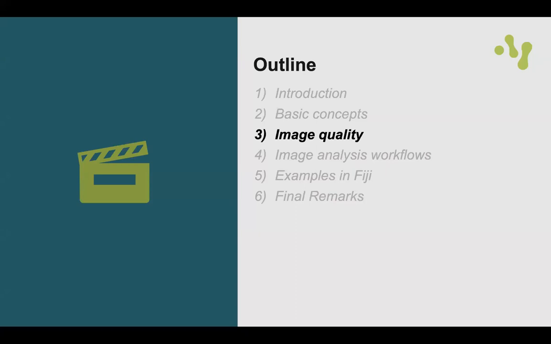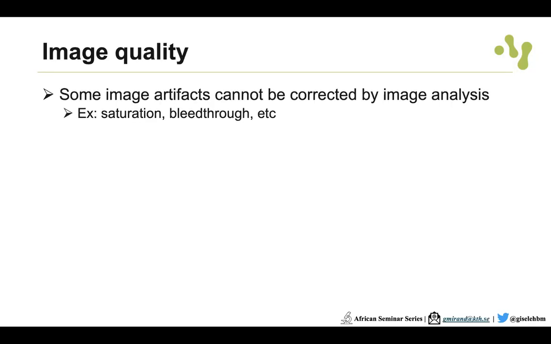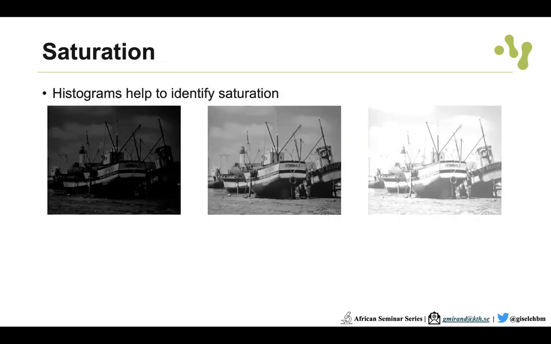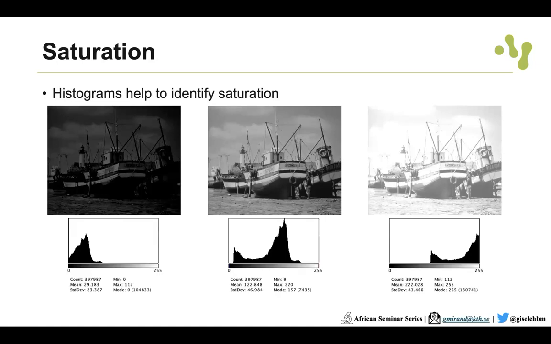So once we have our image, how do we ensure image quality for image analysis? Some image artifacts cannot be corrected by image analysis. For instance, saturation is one example, as we are going to see here. Here's a comparison of the same image with different histograms.